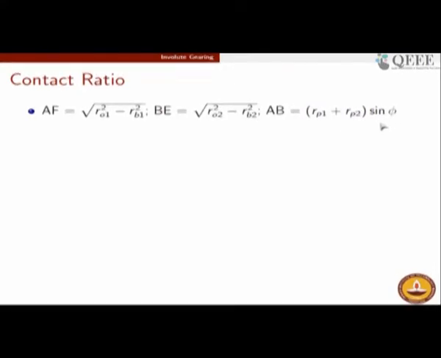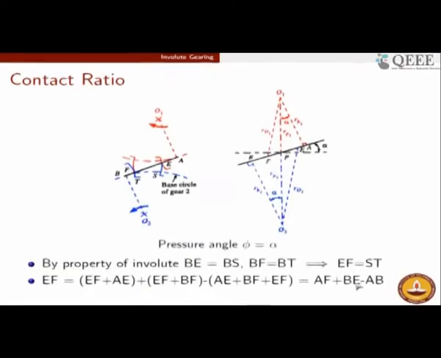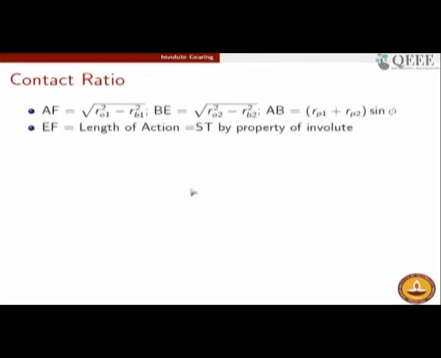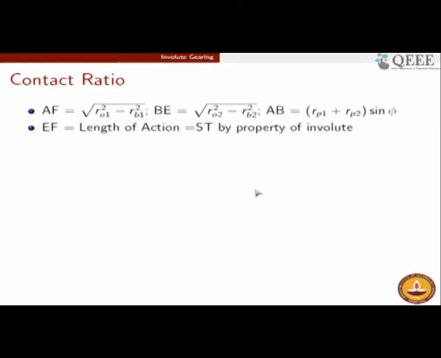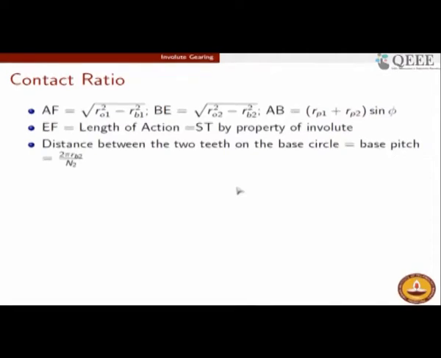Alpha is anyway given as the pressure angle phi. So interchanging alpha and phi, we have this to be the formula for AB. So therefore, the length of action EF can now be determined, and the length of action we know EF is equal to ST. So this EF is equal to ST, that we have already gone through. So what we have at this stage is that the length of action has been determined.